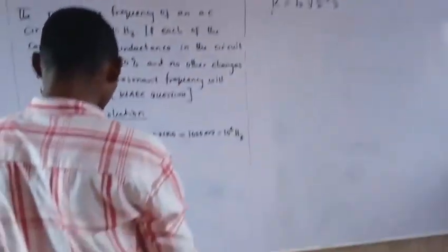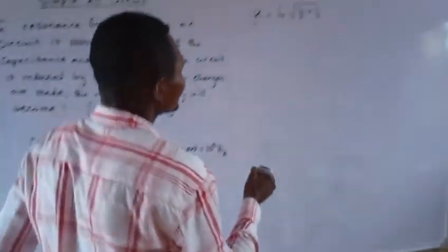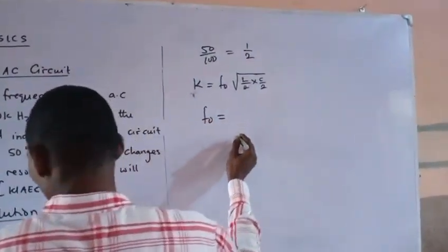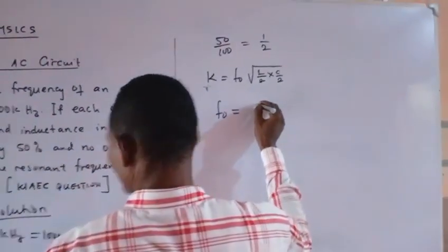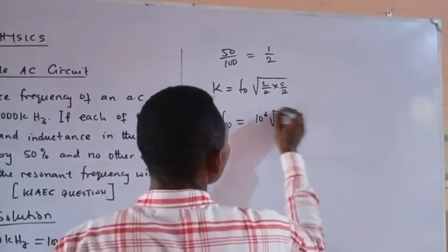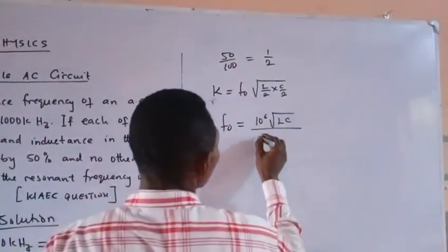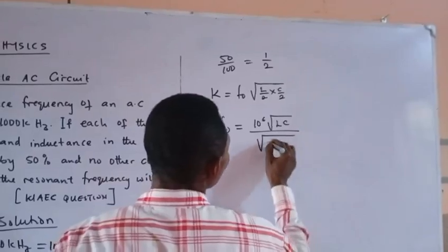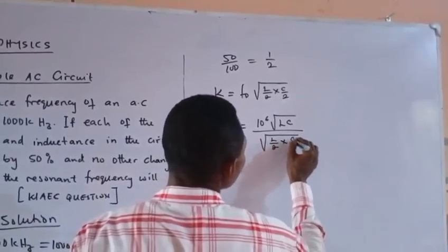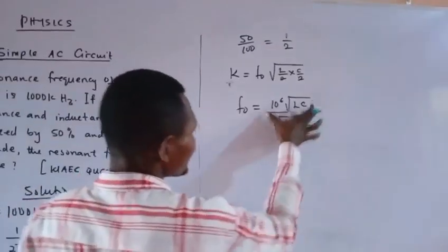And by doing so, if you substitute into this expression, we can have F0 now equal to, from this equation, F0 will be equal to 10 raised to power 6, the square root of LC over, this is the denominator, the square root of L over 2 times C over 2. So we can simplify this further.